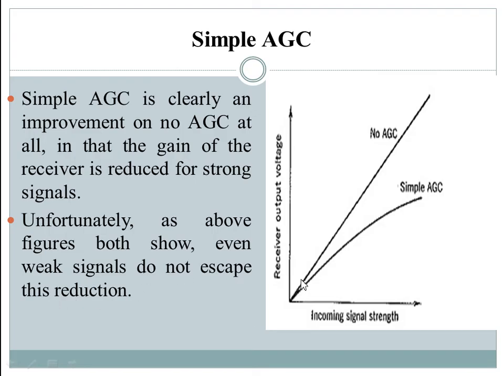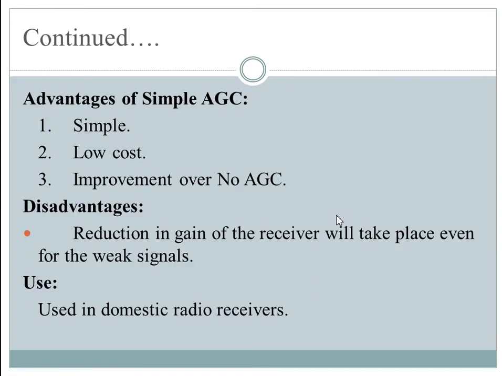If you observe here, these are the weak signals. For weak signals also the reduction in the gain will be performed. Not only for high values, for low values also gain reduction will be performed. This is the main disadvantage of simple AGC.